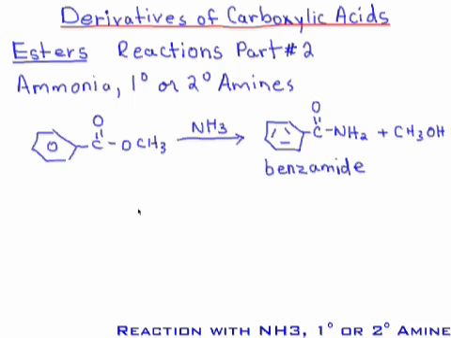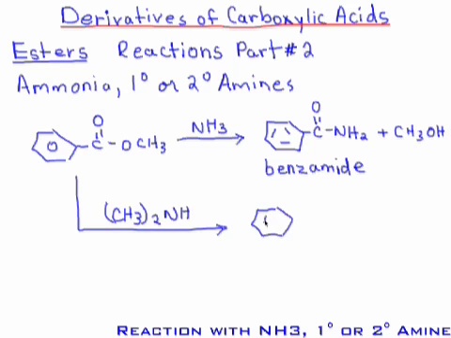If, however, I use an amine, and this time let's use a secondary amine. We've been using primary amines a lot. So let's use dimethyl, so here's a CH3 twice NH. If I use dimethylamine, I will produce an amide. Off of the nitrogen, there are 2 methyl groups. And again, of course, in this case, we're kicking out methanol.